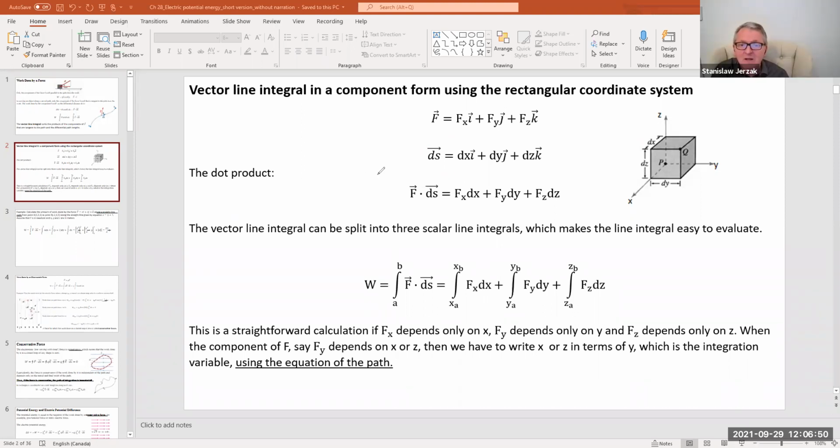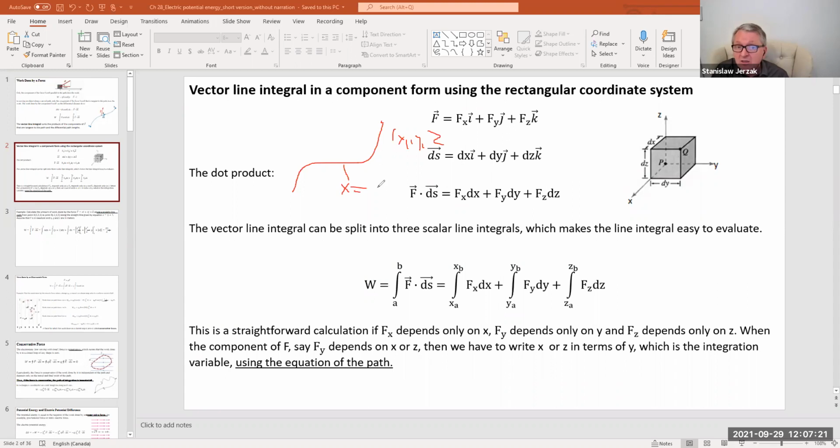Yes, that is correct. Because when the work is done on the path of the charge, that line on which the charge moves will in general depend on x, y, and z, right? Or, in spherical coordinates, on r, theta, and phi, and so on. But in coordinates x, y, and z, usually that path, like you said, is described using a parameter, let's say t.